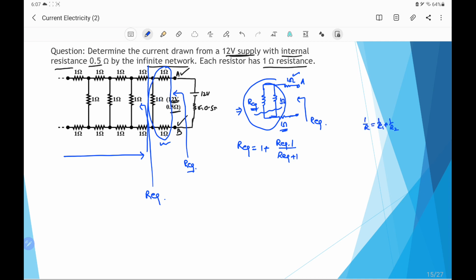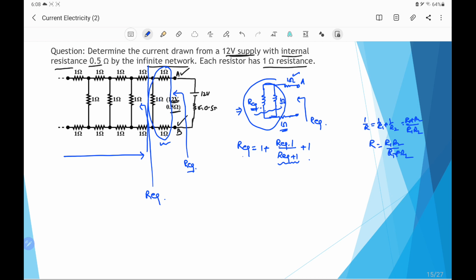If R1 and R2 are in parallel, R will be simply R1 into R2 by R1 plus R2. Using the same formula, we multiply these two and divide by their addition, and the remaining is 1 ohm.